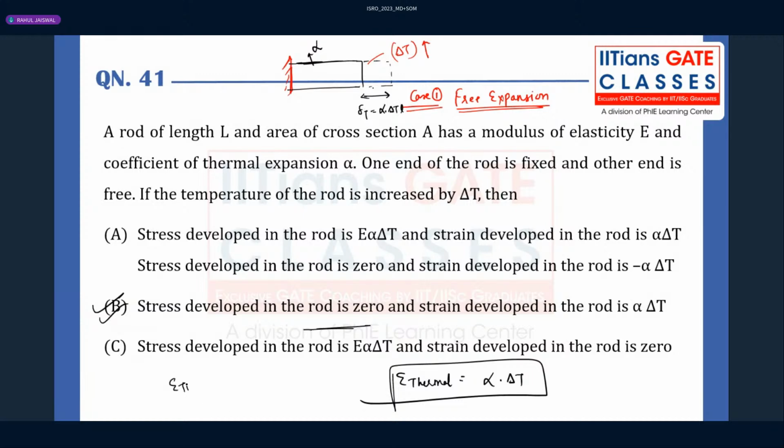How to determine the thermal strain? It will be alpha into delta T into L divided by the change in length, let me write it, delta thermal by total length. So alpha into delta T. That is the same in X, Y and Z directions. Strain developed in X, Y, Z directions will be the same, alpha delta T. And the stress developed in X, Y, Z directions will all be zero.